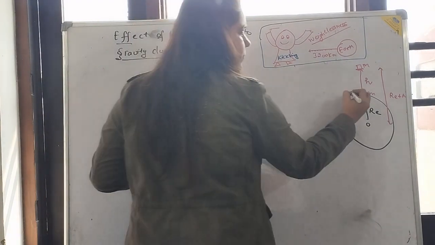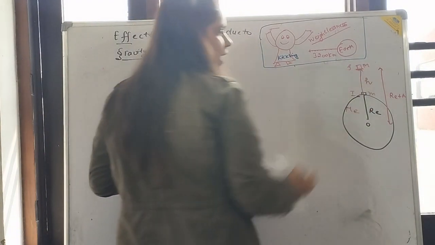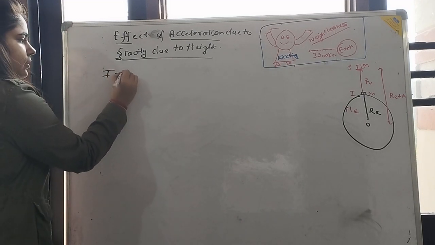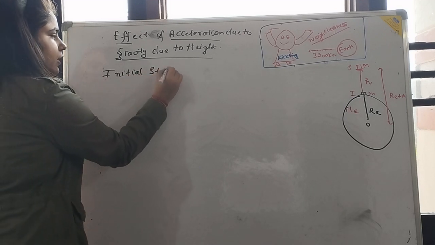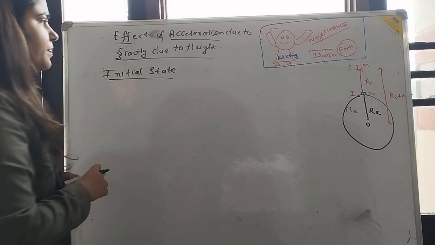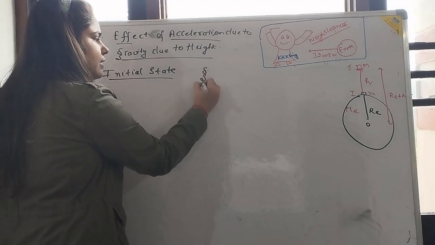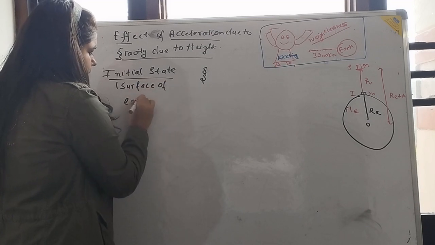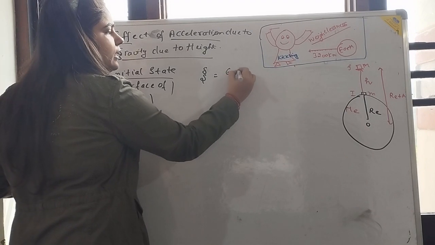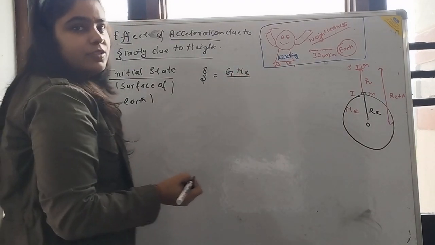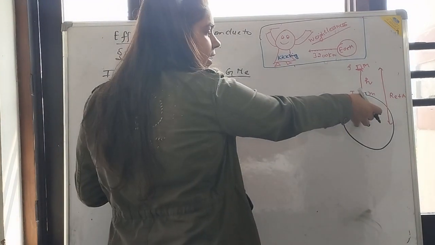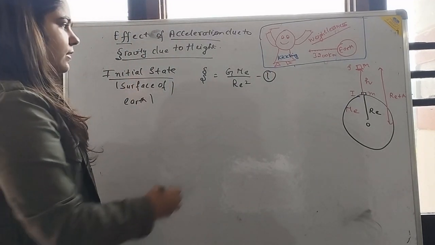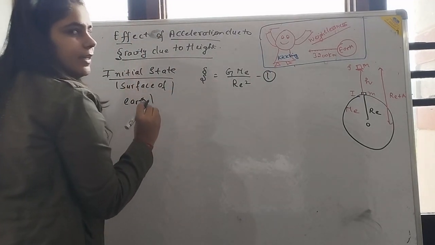This is the initial state, I, and this is the final state, F. Considering the initial state, the acceleration due to gravity on the surface of the earth is g equal to G ME upon R square, where R is equal to the radius of the earth, RE. This is our initial state.